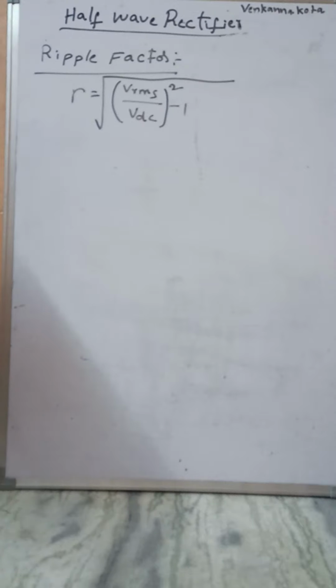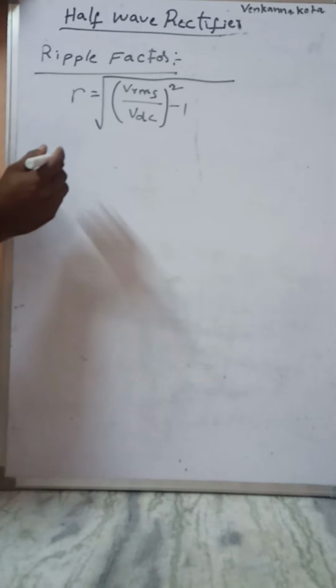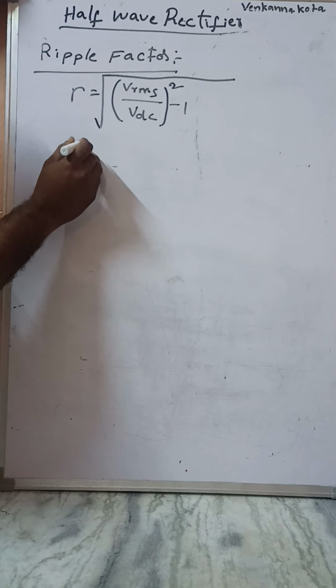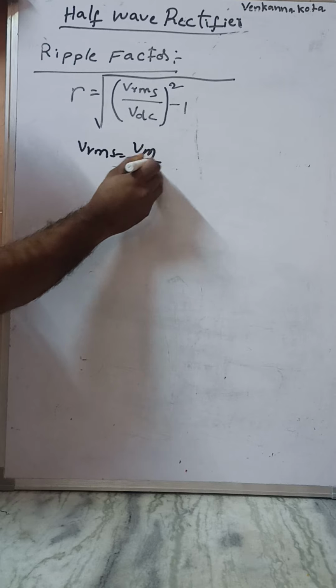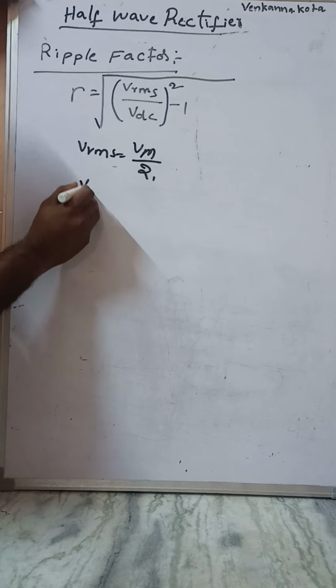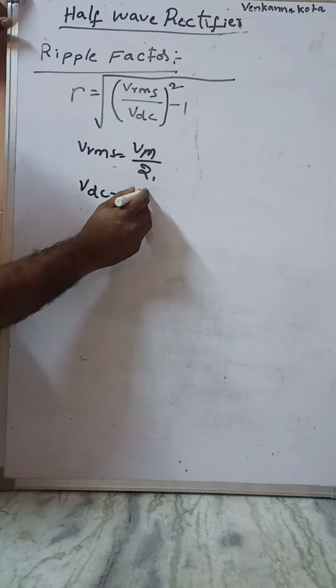So we have to apply the values. Vrms is equal to Vm by 2 and Vdc is equal to Vm by pi.